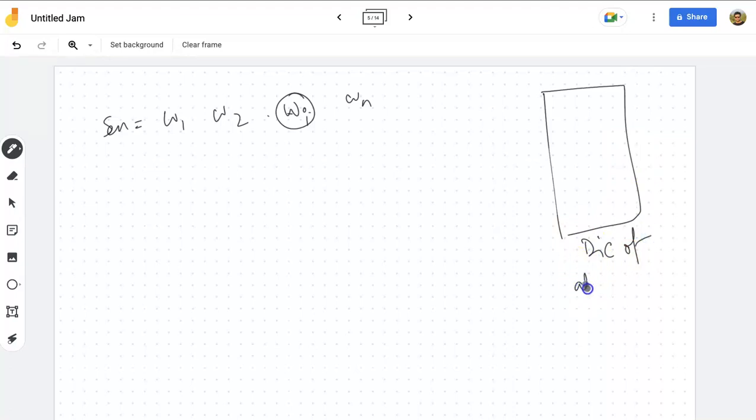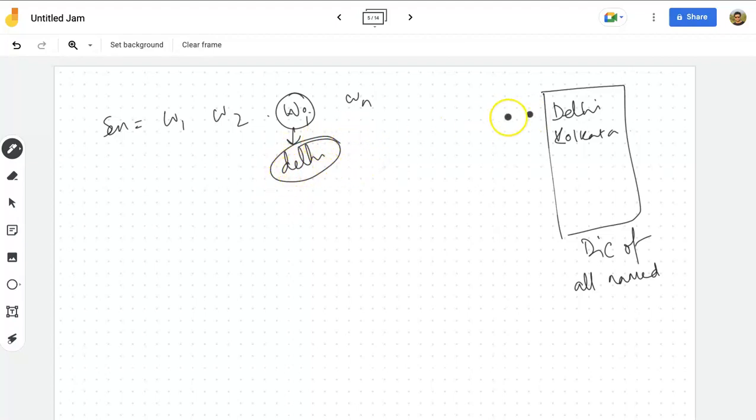For example, there is a word called Delhi, Kolkata, something like that. Now suppose someone writes WI as delhi, starting with a small letter.